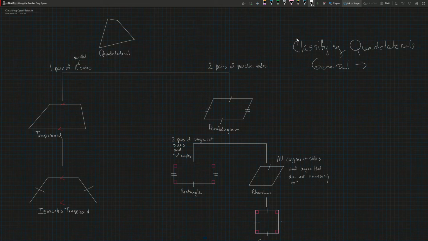The most specific would be the square. It has a lot of properties.